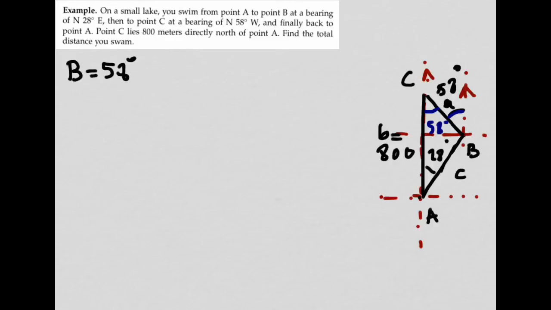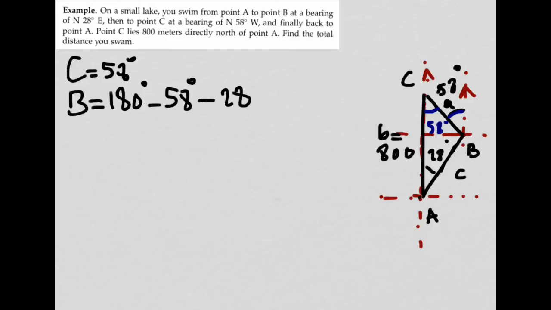Oh, I apologize, this was not angle B, it was angle C. Angle C was 58 degrees, and we know that B is 180 degrees minus 58 degrees minus 28 degrees, which is 94 degrees.